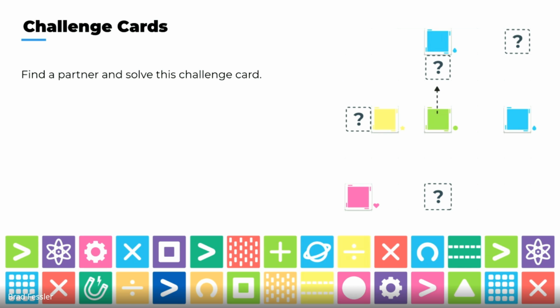You'll notice that the challenge card has a grid. That's just to help you align some things. When students are doing this, they're not going to have a grid sitting in front of them yet, so let them work to align these things and get them into straight lines. You might have to assist depending on the students. But let's take a couple minutes and try to solve this particular challenge card.